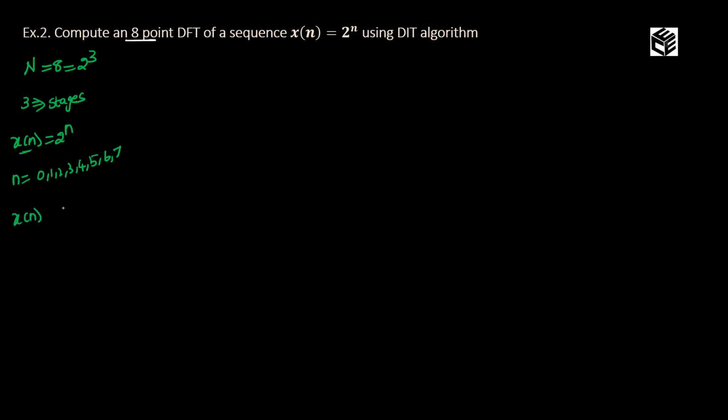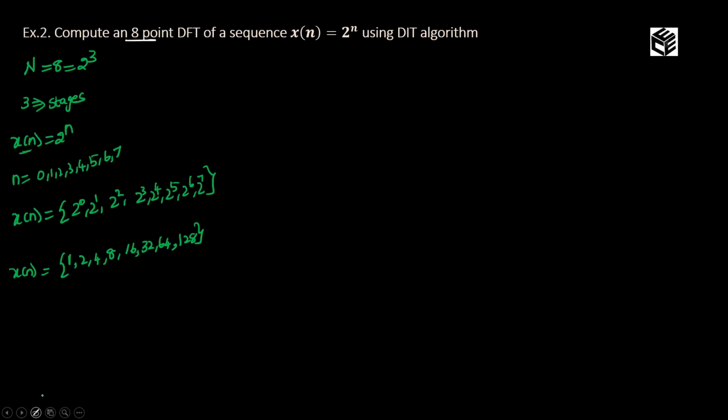So my x of n sequence is equal to 2 to the power 0, 2 to the power 1, 2 to the power 2, 2 to the power 3, 2 to the power 4, 2 to the power 5, 2 to the power 6 and 2 to the power 7. Okay. So my x of n sequence will be, this is equal to 1, 2, 4, 8, 16, 32, 64, 128.